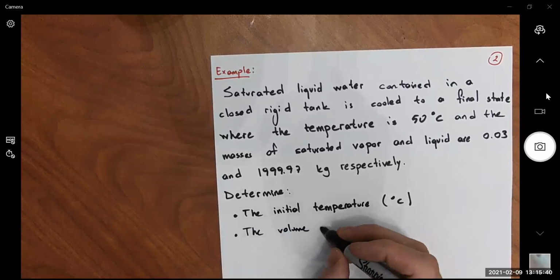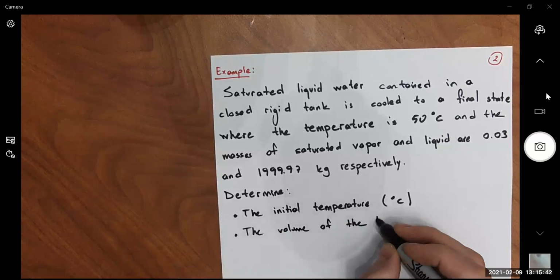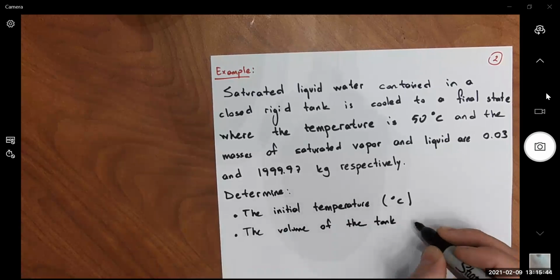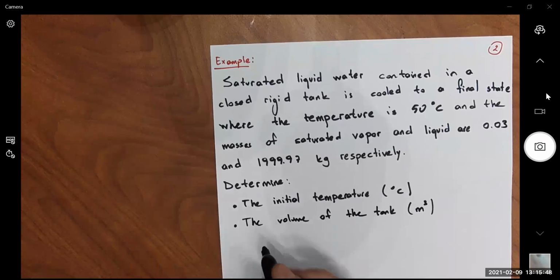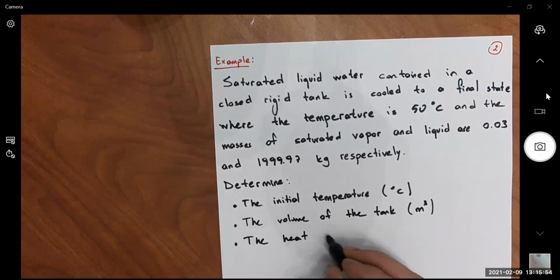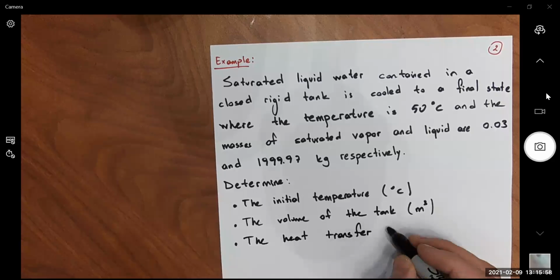The volume of the tank in meters cubed. Heat transfer in kilojoules.